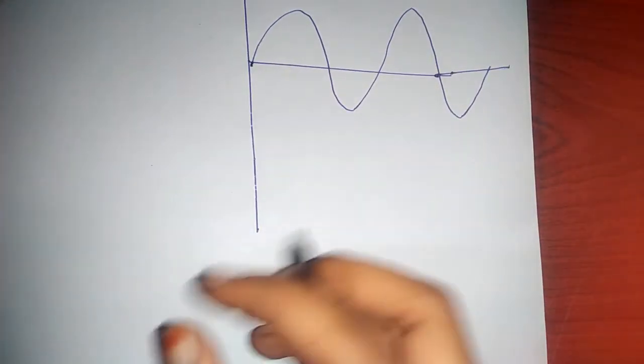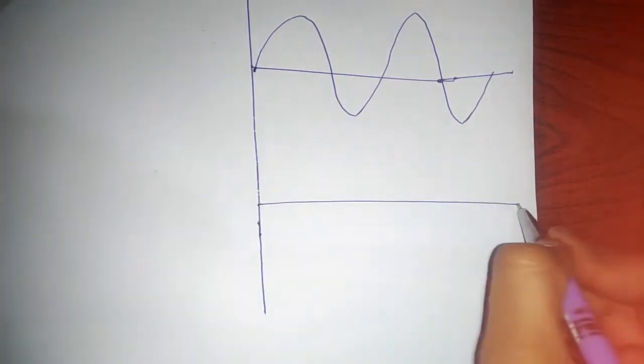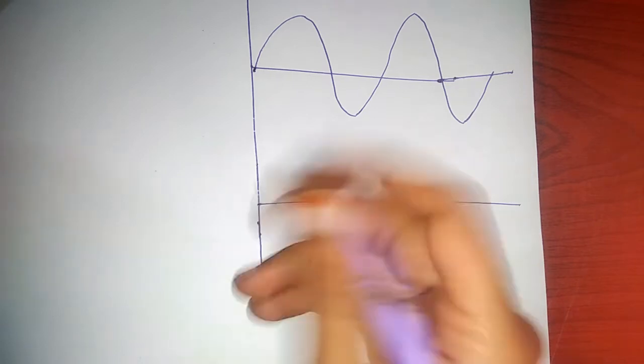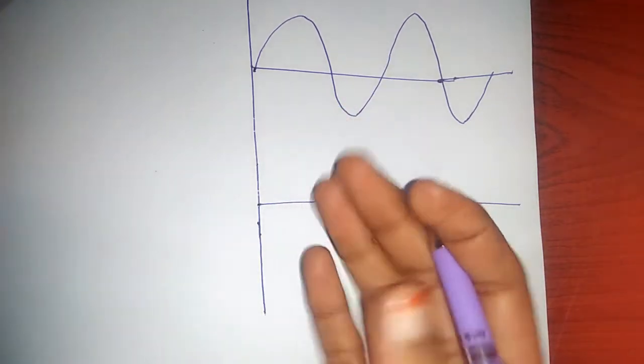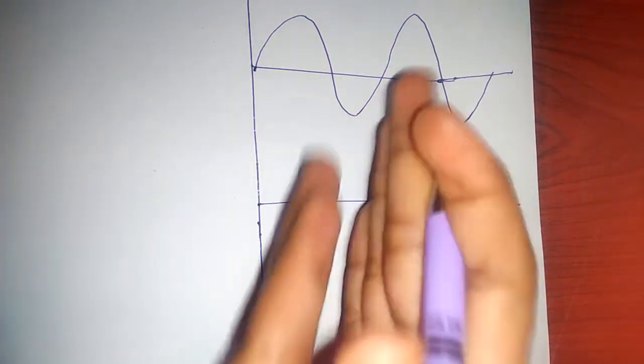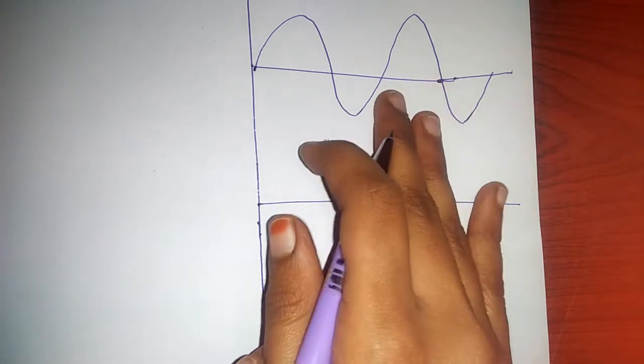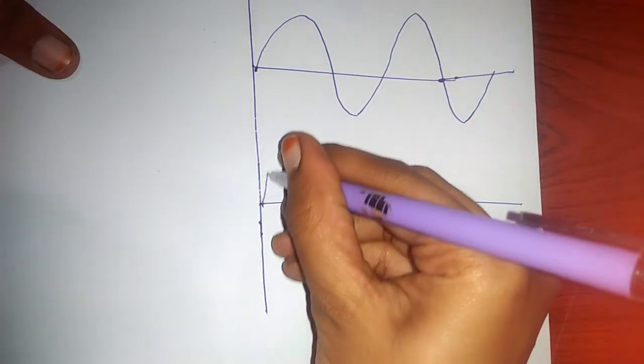So I would like to add weight to that message, put it in a weighted paper or something. I would like to increase the weight of that message, which is nothing but the frequency. So I add it with the carrier signal.